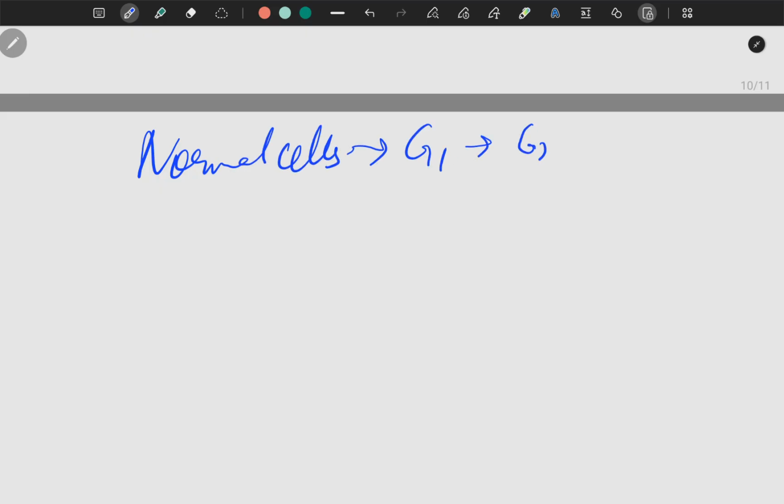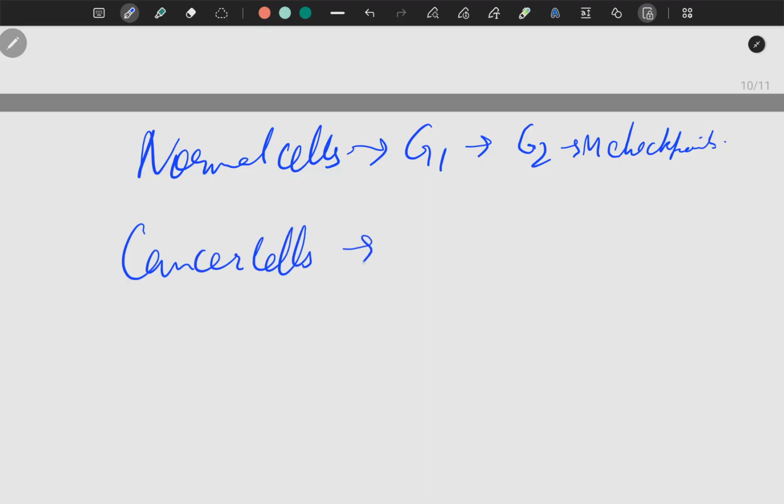As we see in normal cells, they stop first at the G1, then G2 checkpoint, M checkpoint. In cancer cells they don't stop at all, or sometimes they stop randomly, not at the correct checkpoints.